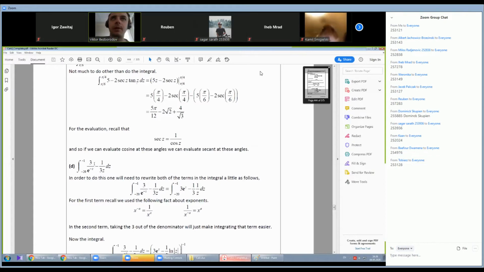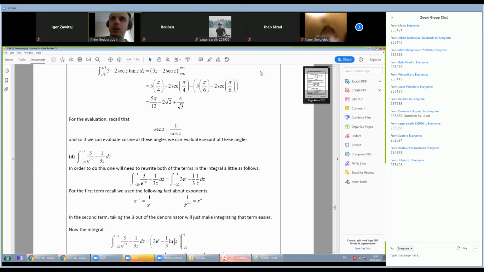Okay, so this is another example. So here, once again, you find the antiderivative and you are good to go. So find the antiderivative and then just substitute. And of course, this is something that you always need to keep in mind, right?